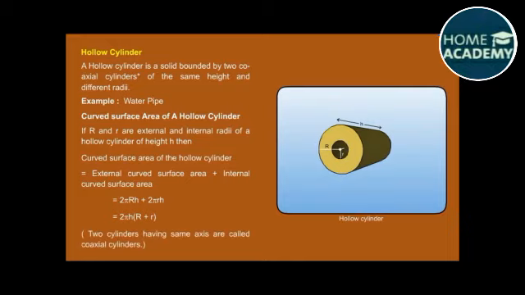Two cylinders having the same axis are called coaxial cylinders.